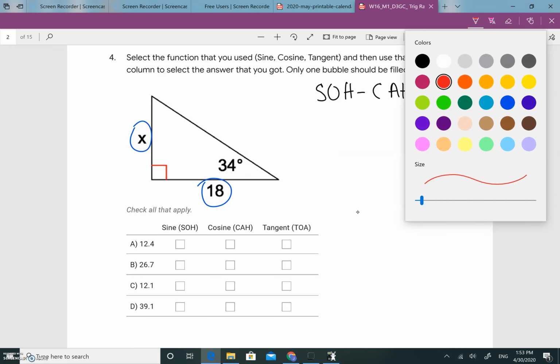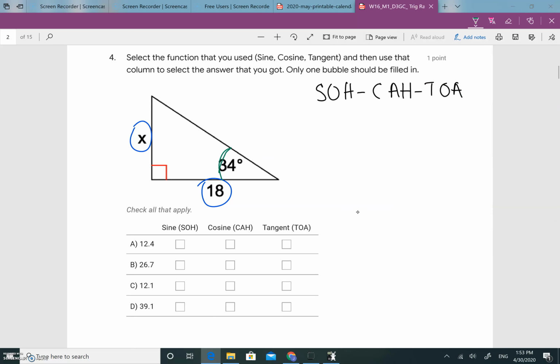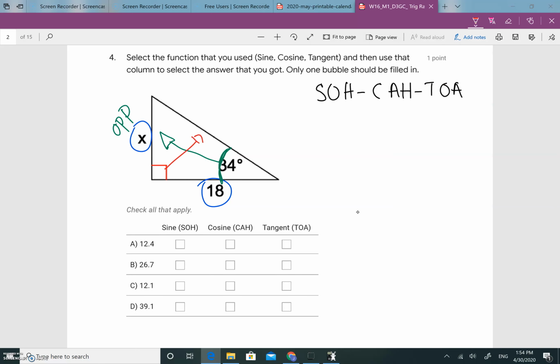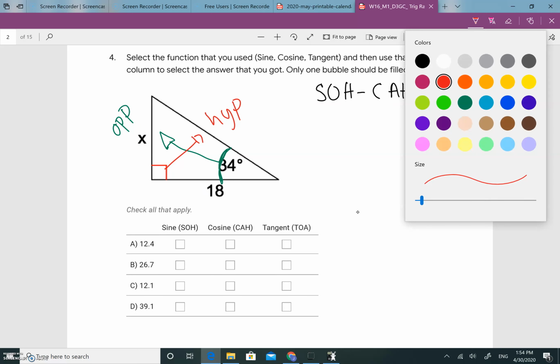So I look at this angle, 34. Well, x is related to 34 because it's opposite to it. So I write OPP. Now, if you remember, what's always opposite to the 90-degree angle? That's going to be the hypotenuse. So this is the hypotenuse, and then the 18 is going to be my adjacent.